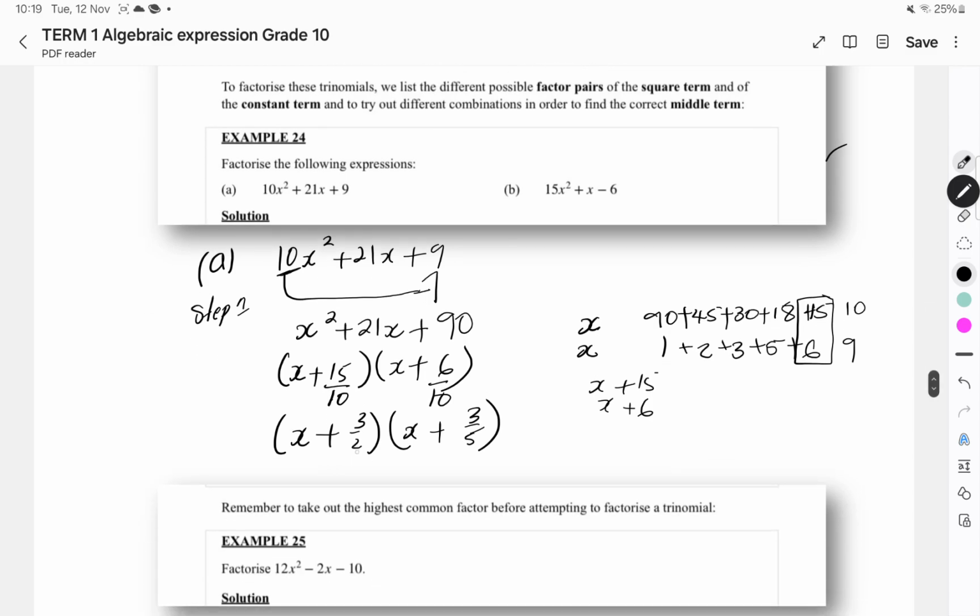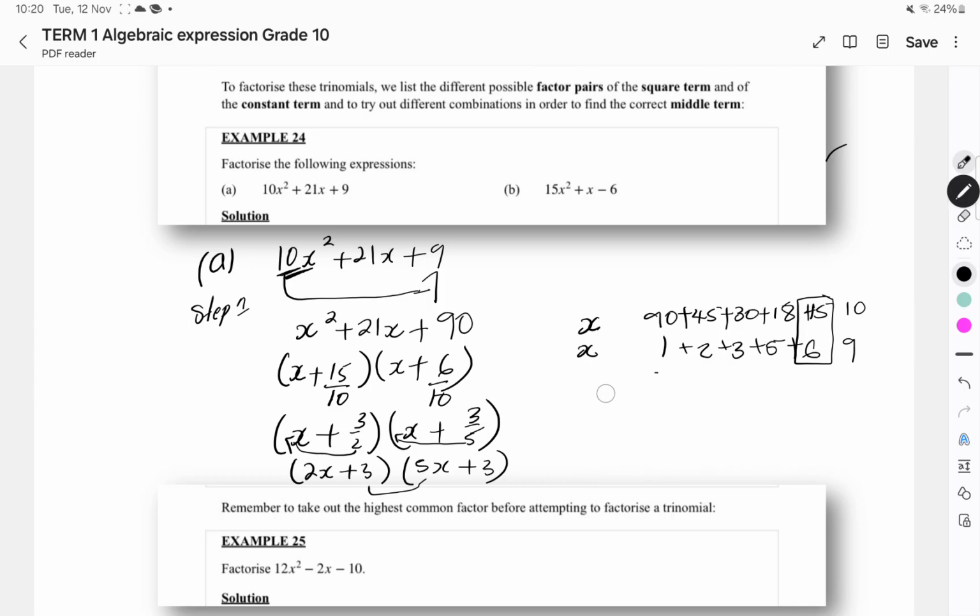Now we bring it back and multiply, so we have 2x plus 3 and 5x plus 3. So those become your factors. 2x times 5x is 10x squared, 2x times 3 is 6x, plus 15x plus 9. So this gives you 21x.